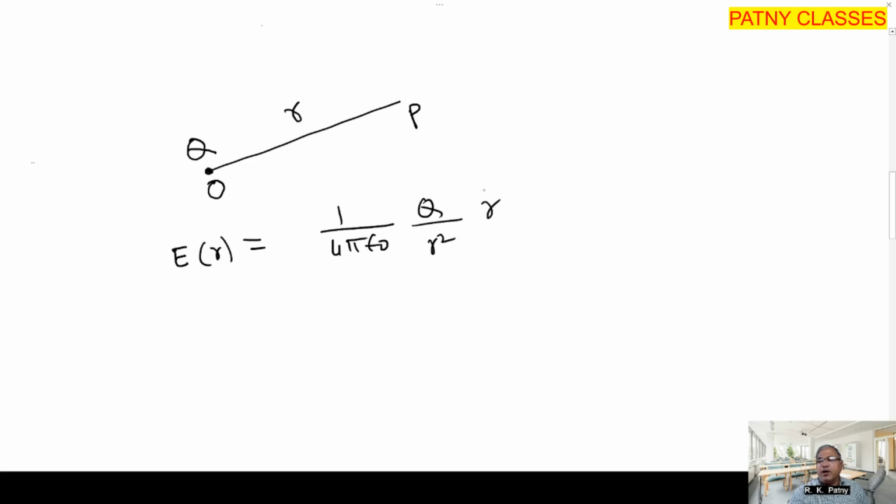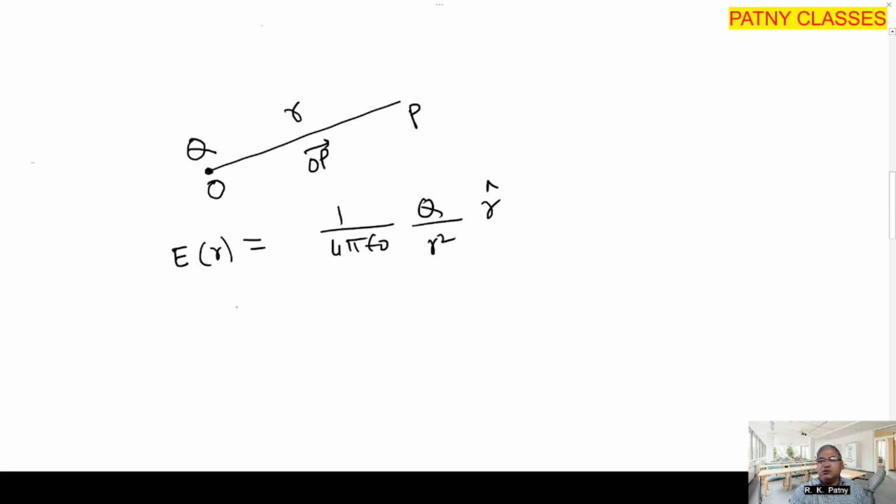Now let us have a quick revision about the electric field. Suppose there is an origin O and a point P. At the origin we place the charge Q, and P is at a distance of R. Then the electric field is denoted E of R, given by 1 upon 4 pi epsilon naught, Q upon R square, multiplied by the unit vector in the direction of vector OP.